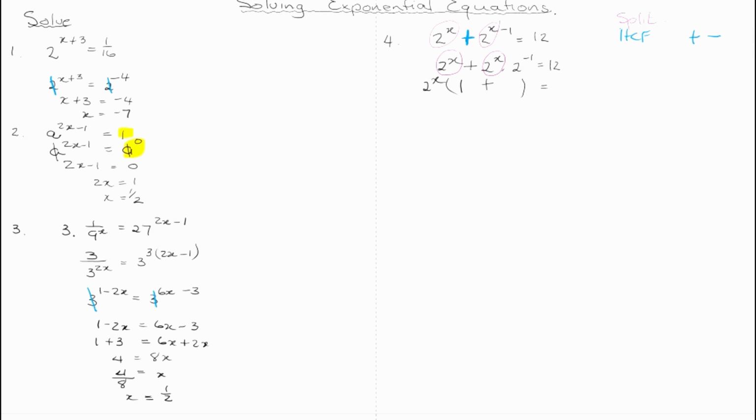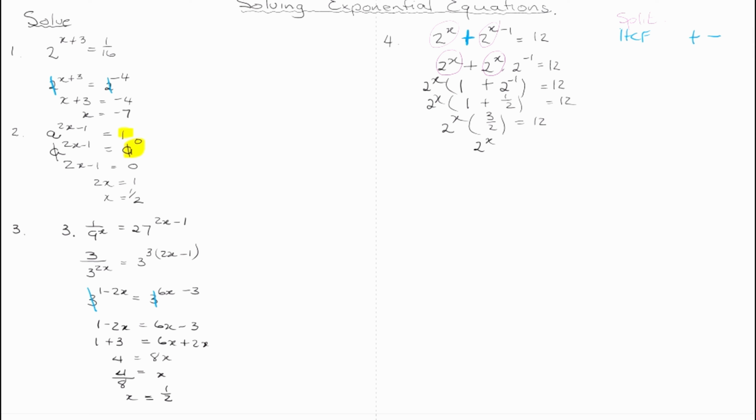There's the danger in the question. And here 2 to the x leaves me with 2 to the minus 1 is 12. So 2 to the x into 1 plus a half equals 12. 2 to the x is 3 on 2, which equals 12.